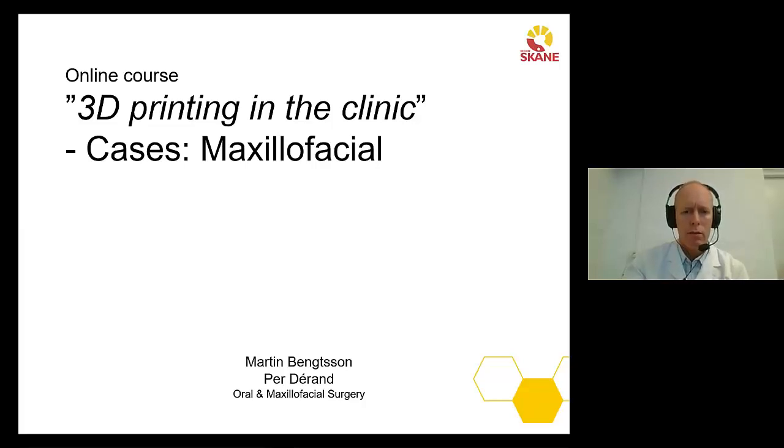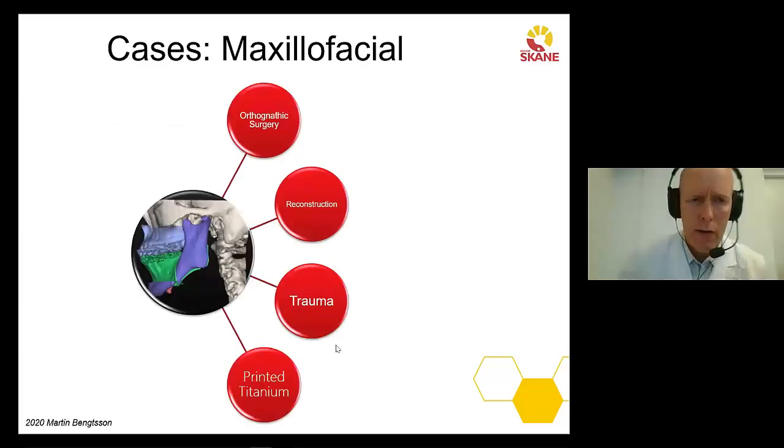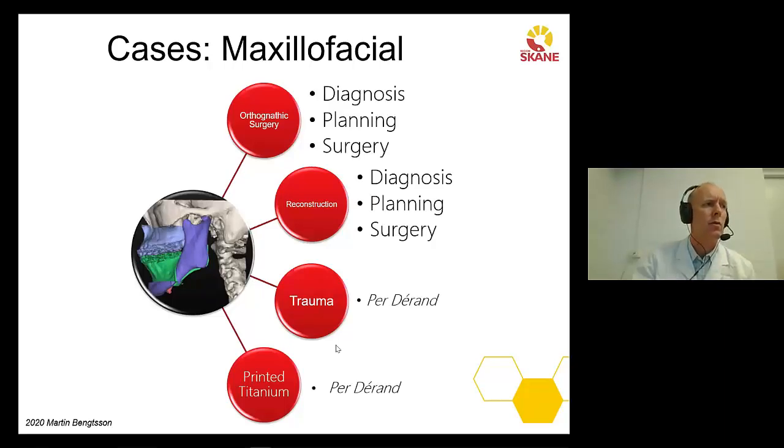Before we start, I want to show you that the area of maxillofacial surgery covers a few therapies and diagnoses, and today we are going to show you 4 of them. For my part, it's orthognathic surgery and reconstruction; trauma is Per Derand, and printed titanium is also Per Derand.